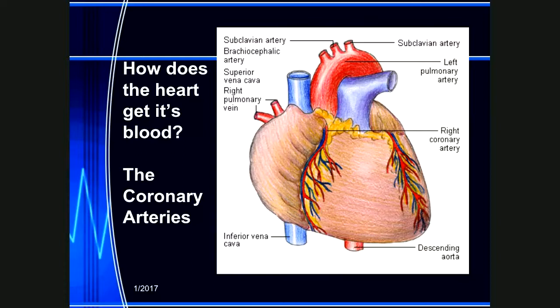The coronary arteries branch off the aorta and circle around the heart, supplying the heart muscle itself with blood. So the coronary arteries come off of the aorta to give oxygen-rich blood to the heart for its supply of blood.